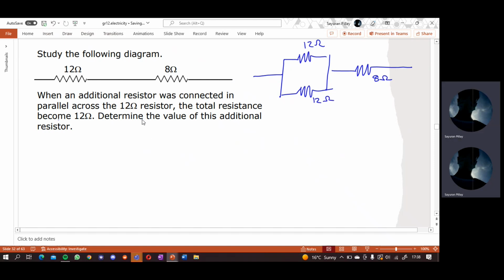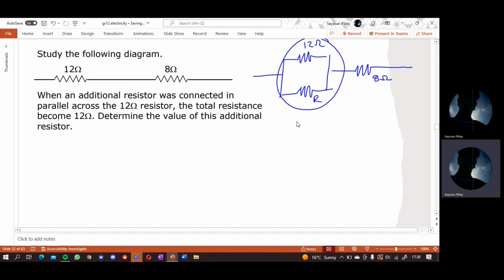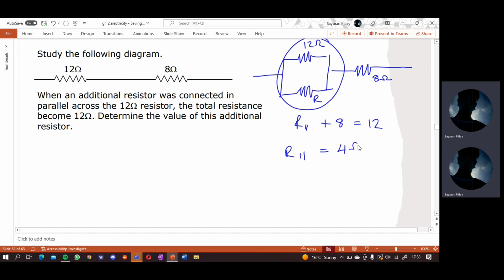The total resistance becomes 12. Determine the value of the additional. Oh, we don't know what the additional is. My bad. There's some R. Okay, and the total resistance is 12. So this whole thing, which means R parallel plus 8 equals 12. So the value of R parallel has to be 12 minus 8, which is 4 ohms.